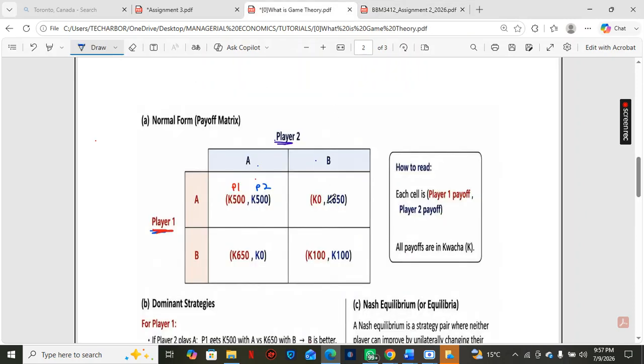So player 2 strategy B, player 1 strategy B. Have you seen? B here, strategy B here. So we're talking about this one here. If both players choose strategy B, each of them earns 100 kwacha.